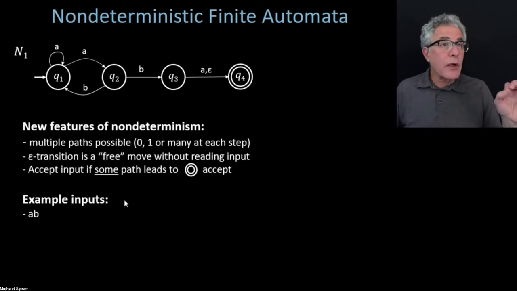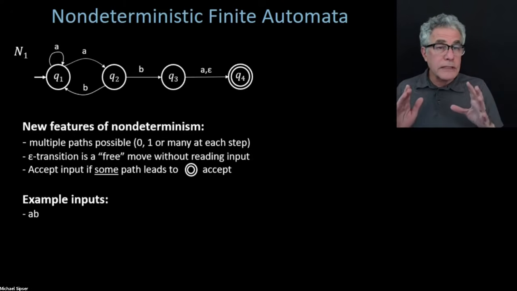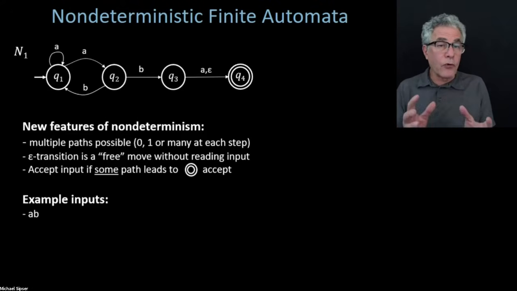So let's just see where we are. After reading an A, we're in states Q1, Q2. But now after reading a B, we're in states Q3 and Q4 as possibilities. And now we're at the end of the input, and we look and see what we got. If any one of the states we could be in right now at the end of the string is an accept state, then we say overall the machine has accepted.